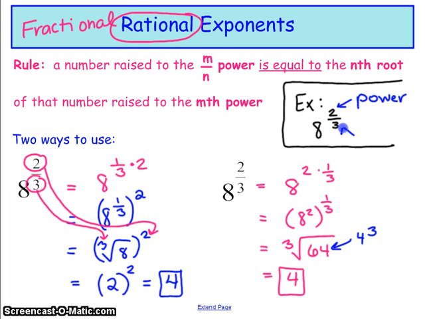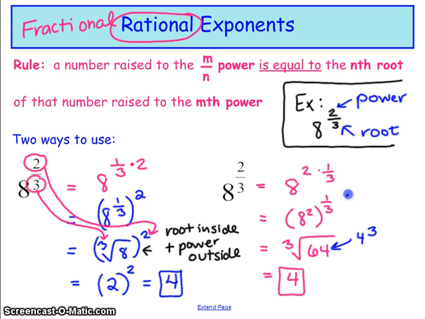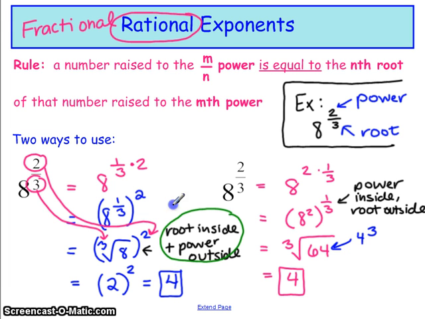And the number on the bottom becomes the root. The first way that I did it, I put the root inside and the power outside. But you can also do it the way that I did it here, with the power inside and the root outside. However, unless for some reason we have to do it this second way, the way with the root inside and the power outside is usually easiest. And that's what we're about to do in a couple of problems.